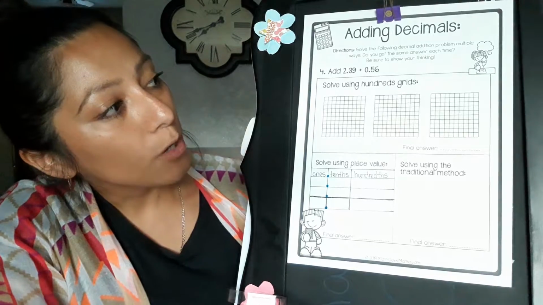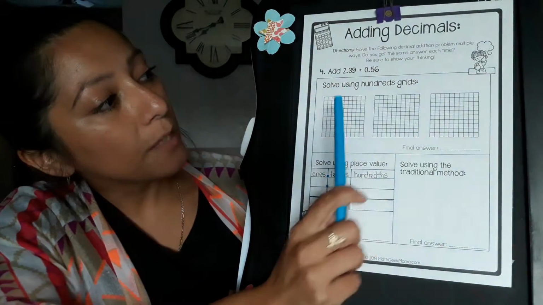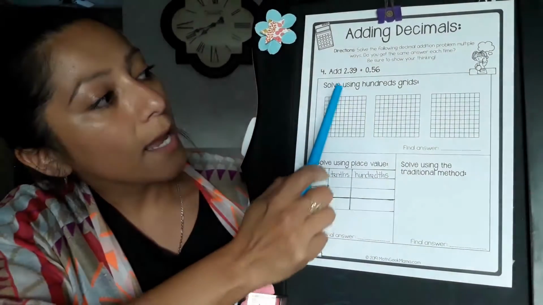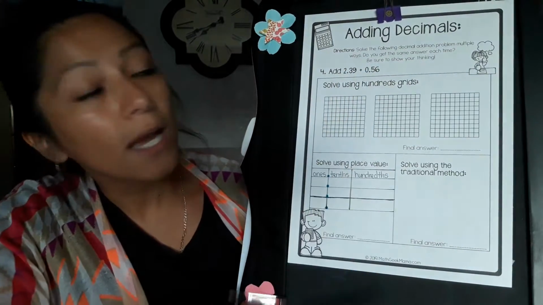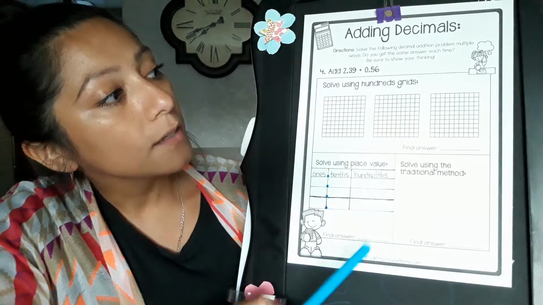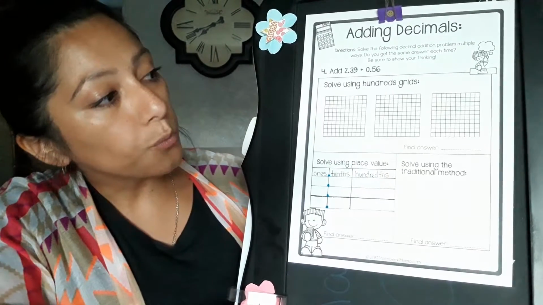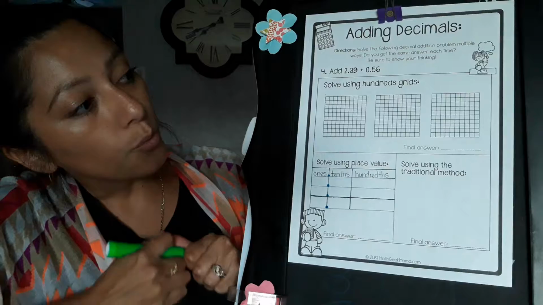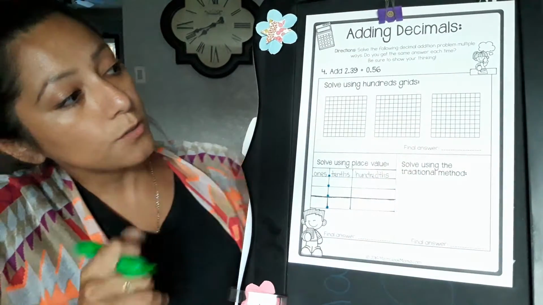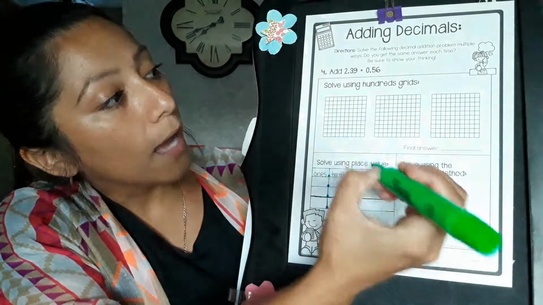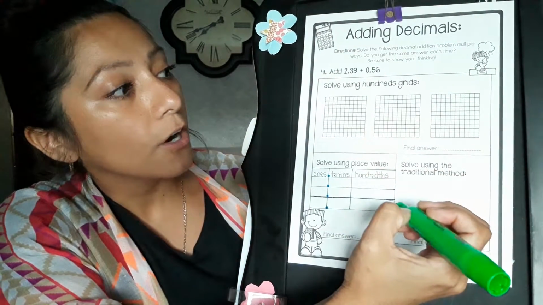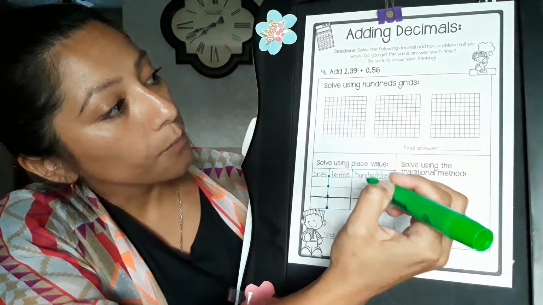Now, our first problem shows that we're going to be adding 2 and 39 hundredths plus 56 hundredths. So when we use our hundredths grid, we're going to use 2 different color highlighters to shade in our amounts here.